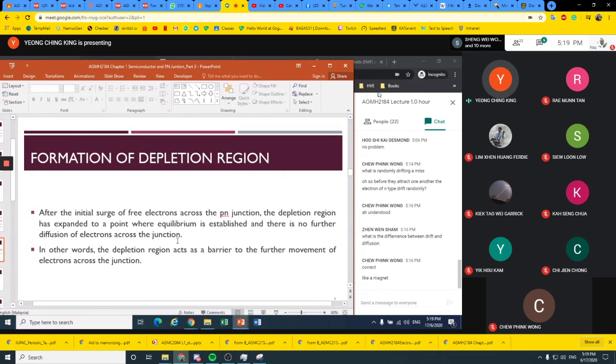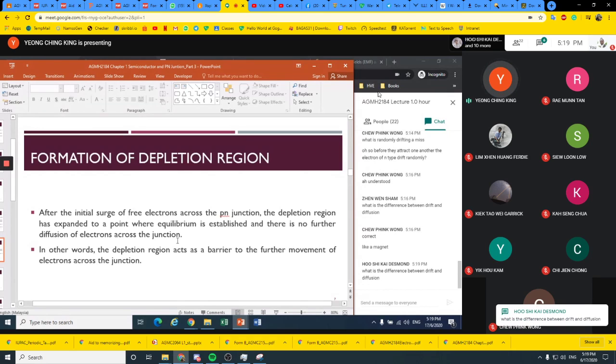Then a point is reached where the total negative charge in the depletion region repels any further diffusion of electrons into the P region, and the diffusion stops. In other words, the depletion region acts as a barrier to the further movement of electrons across the junction.